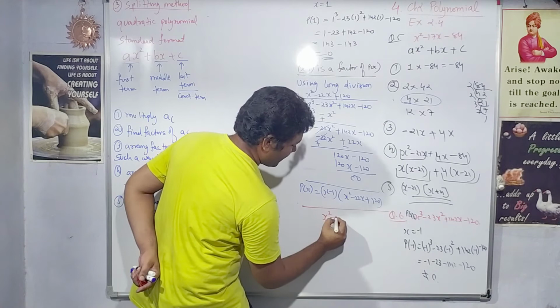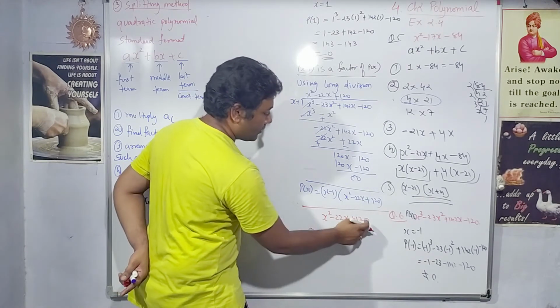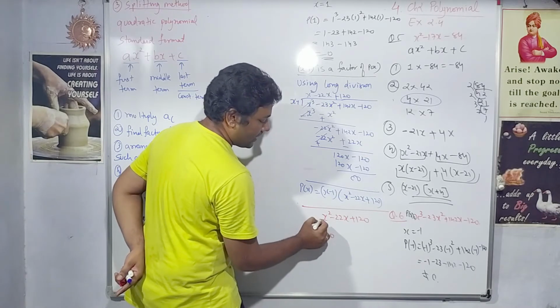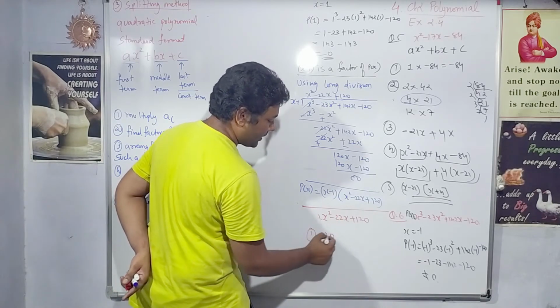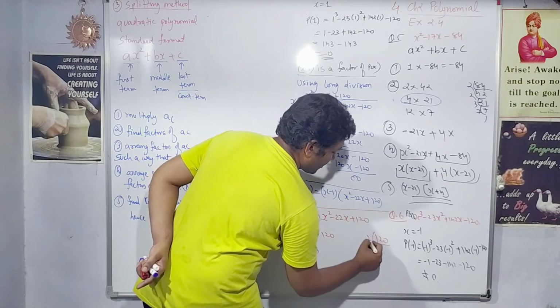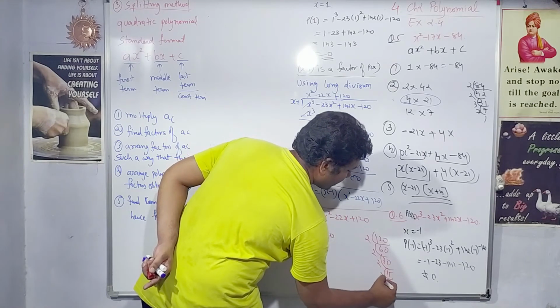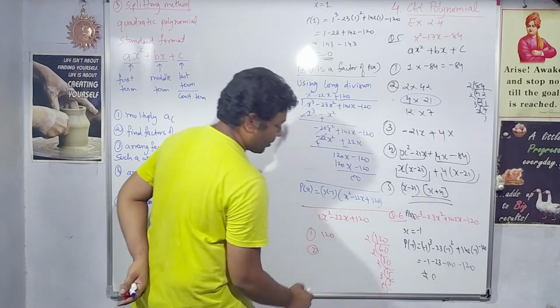So let us start with splitting method for this part. x square minus 22x plus 120. Step 1, a into c. a is nothing but 1 here. So 1 into 120 is 120. Second, factors of 120. So be patient to find them, don't hurry, otherwise your answer will become wrong.